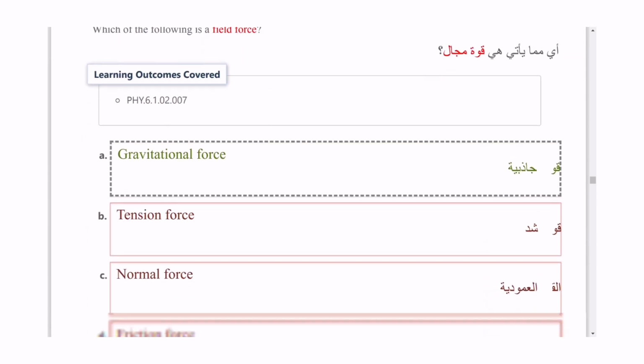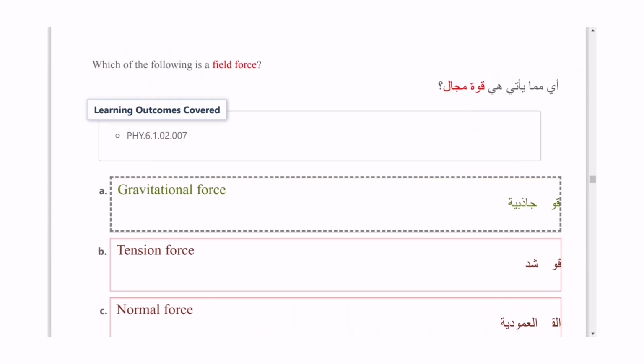Which of the following is a field force? There are two types of forces that you are studying: contact force and non-contact force. Another name for non-contact force is field force.